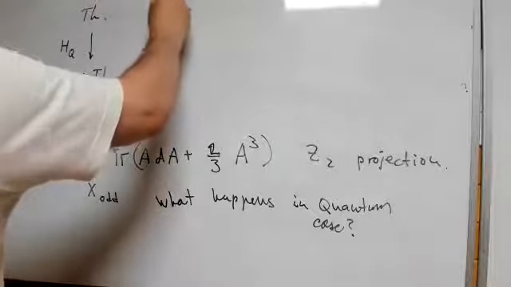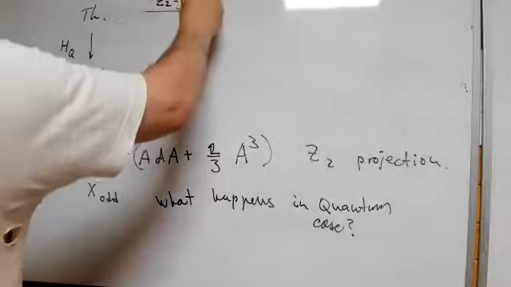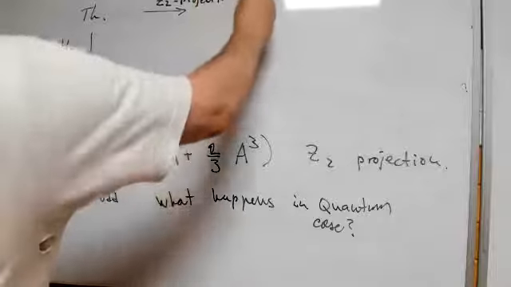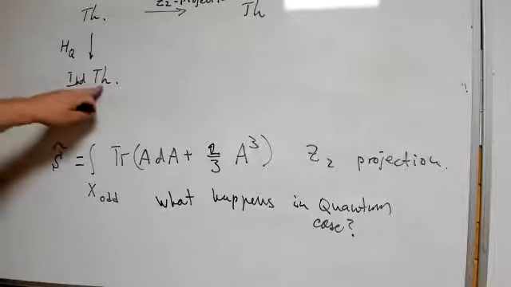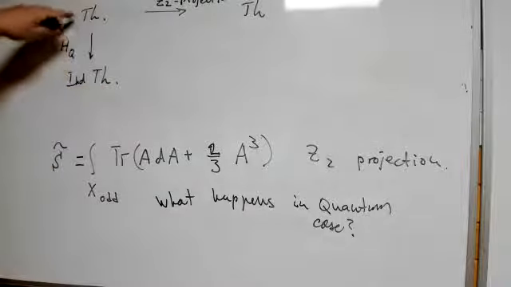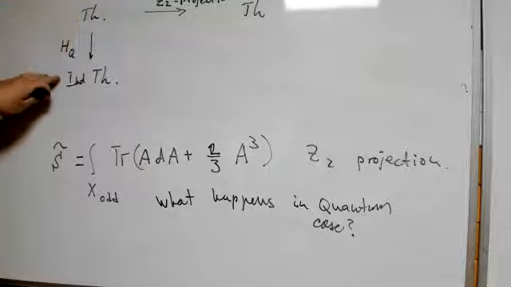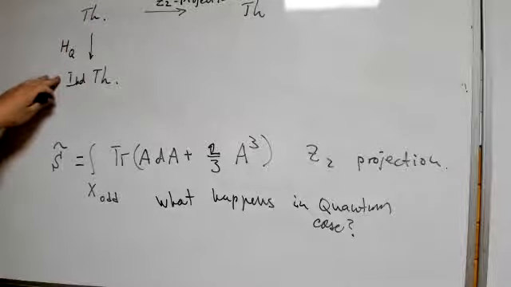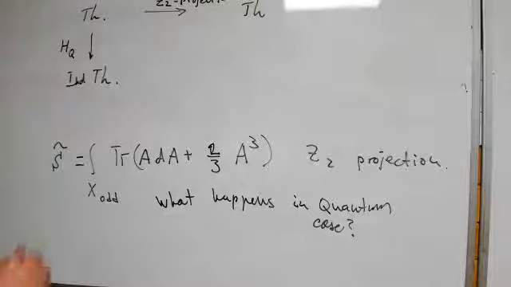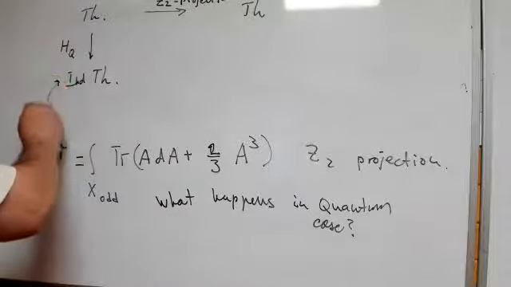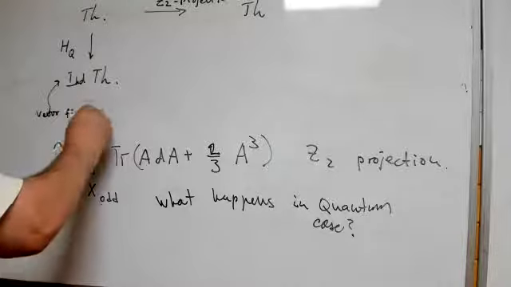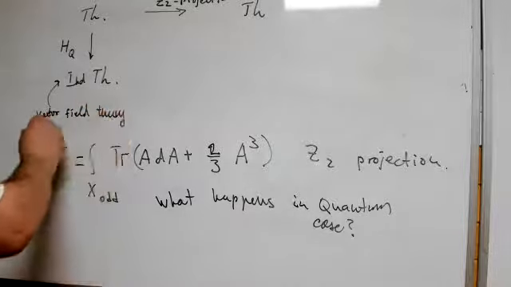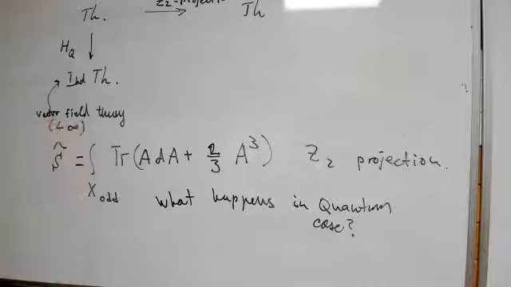Then we have Z2 projection, and we get theory tilde. So if here we have a vector field, here we also have a vector field. I call it vector field theory or just element field.